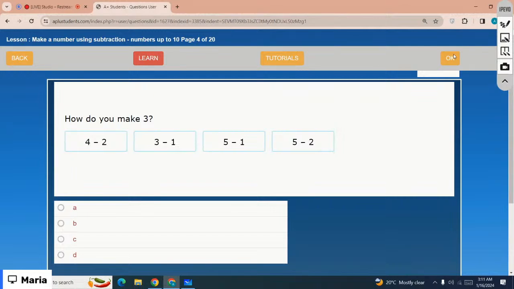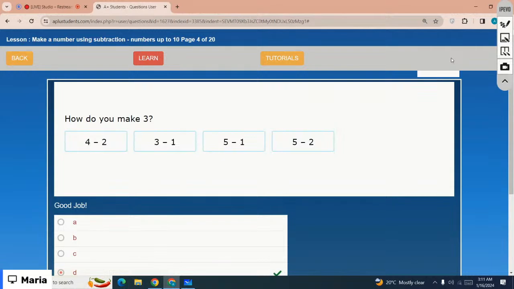The correct option is 5 minus 2, that makes 3. Option number D is the correct option.